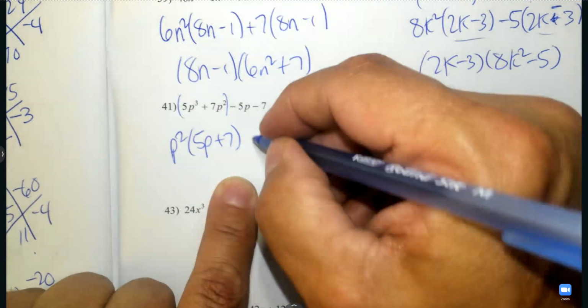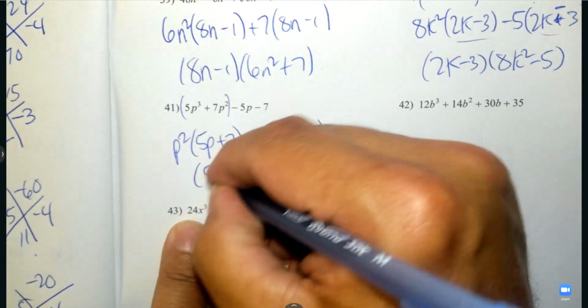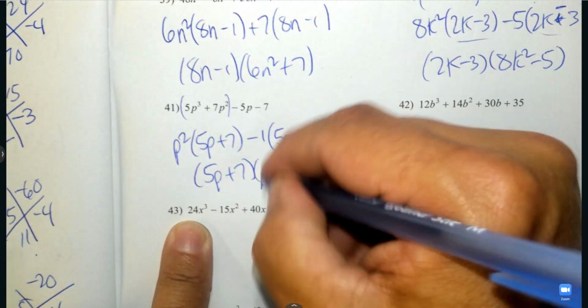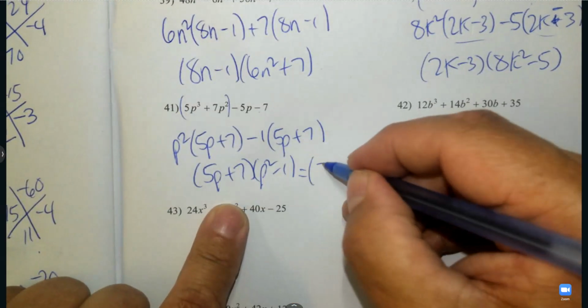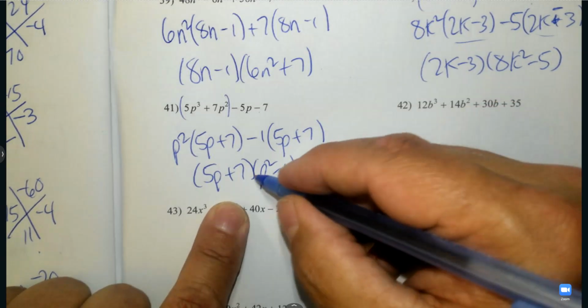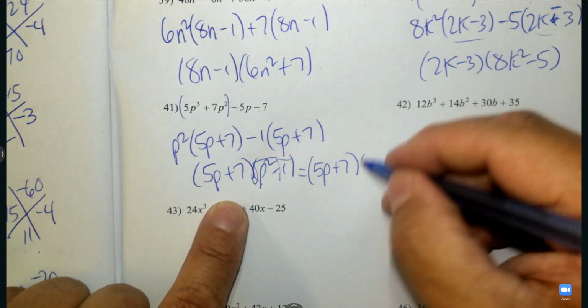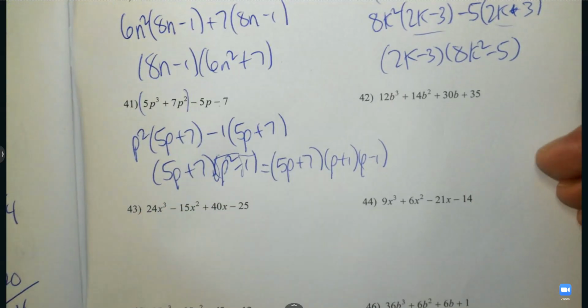Here, negative 1, and then you're left with 5p plus 7. So 5p plus 7, and then p squared minus 1. If you want to, p squared subtract 1 is a difference of squares, so you would square root each one and get p plus 1, p minus 1. That's fully factored.